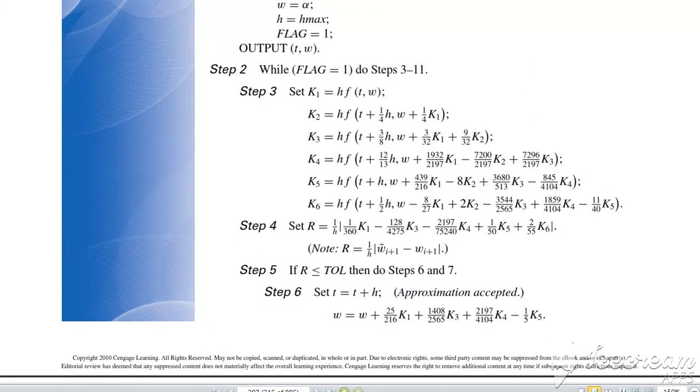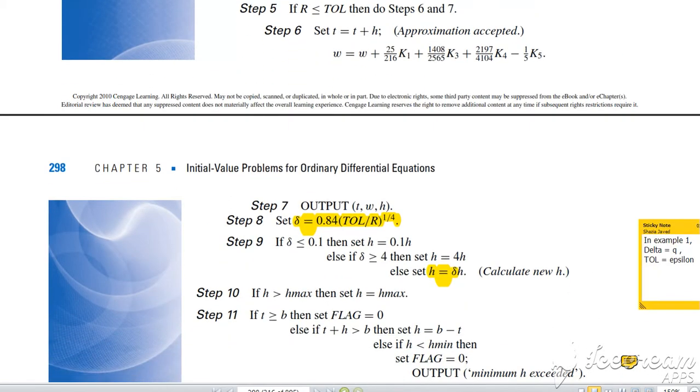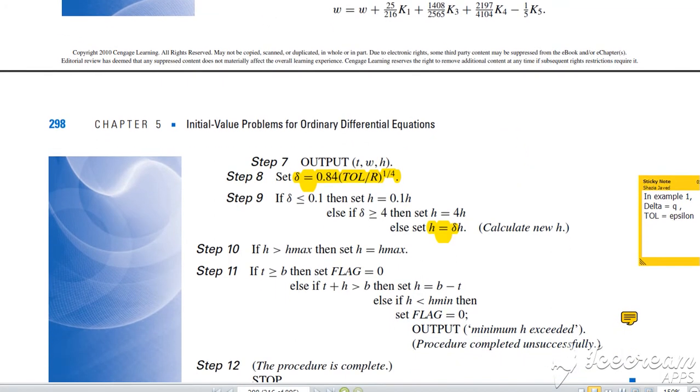The step size h can be updated using the formula obtained from step 8 of the algorithm, in which you will compute delta to approximate an appropriate value of h for the next iterations.